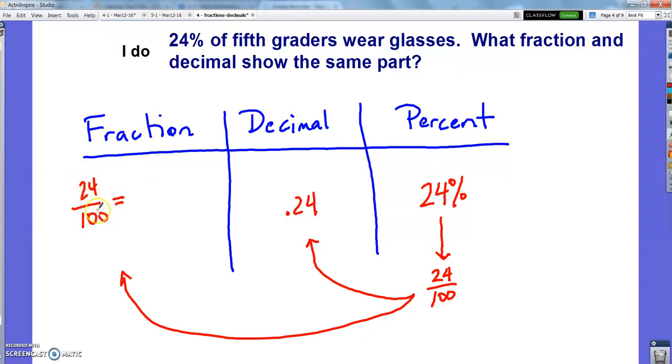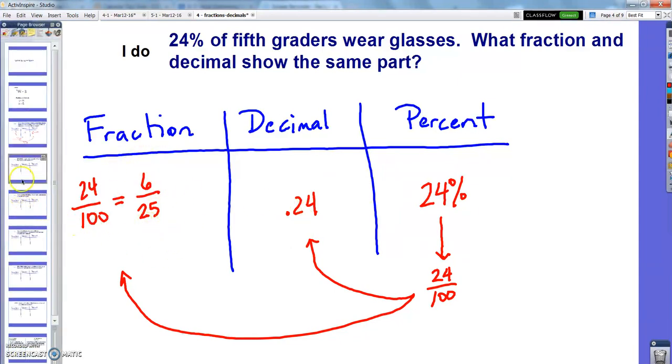I can divide the numerator and the denominator by 4 and get 6 25ths, I believe. So either of those would be fine. So now I had 24% wear glasses, or 24 hundredths wear glasses, or 6 out of every 25 5th graders wear glasses. All right, let me do one more.